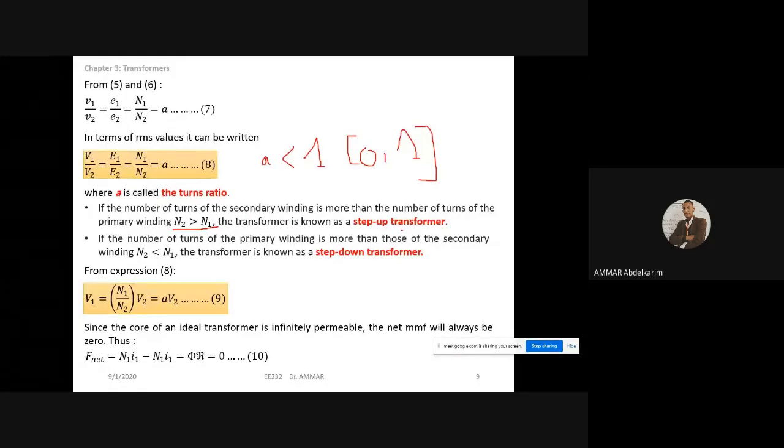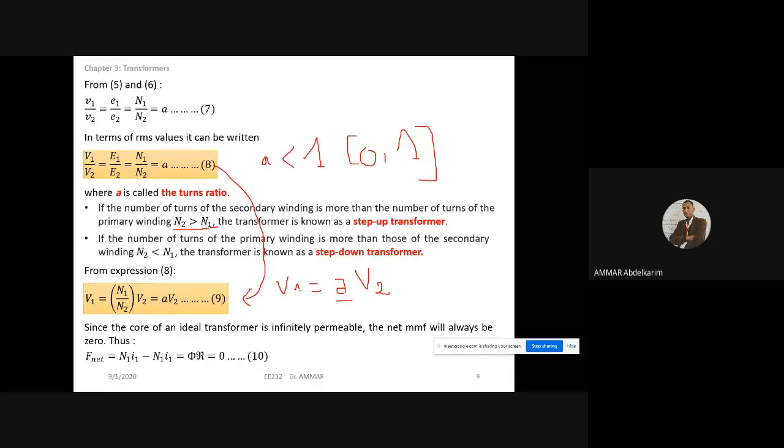Why is it step up? From this we can easily get V1 equals A times V2. A is less than 1.